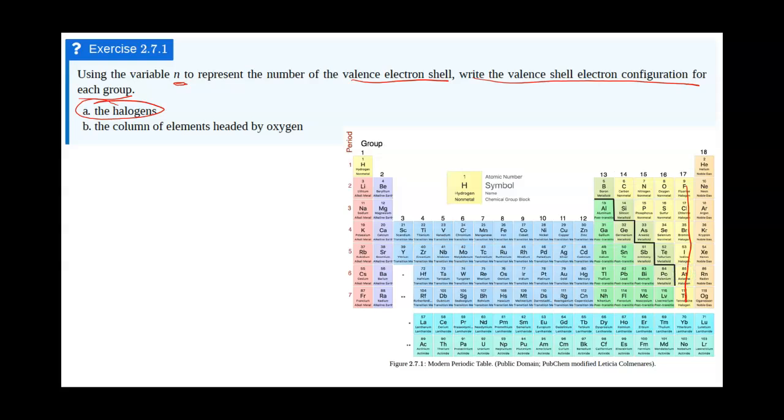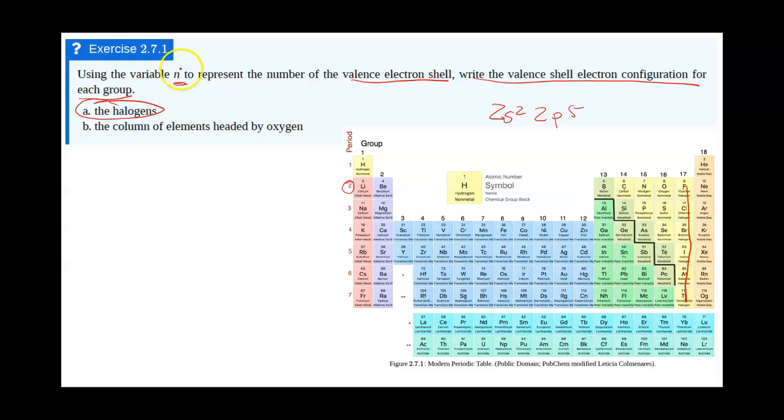If we were to write out the valence shell electron configuration for fluorine, we would go 2s2, 2p5.